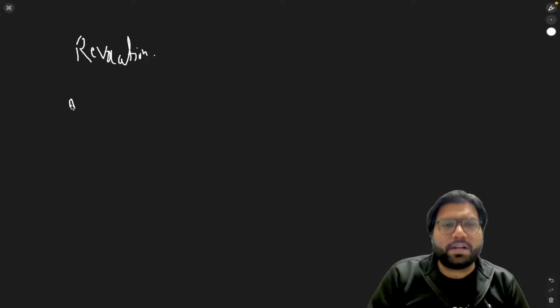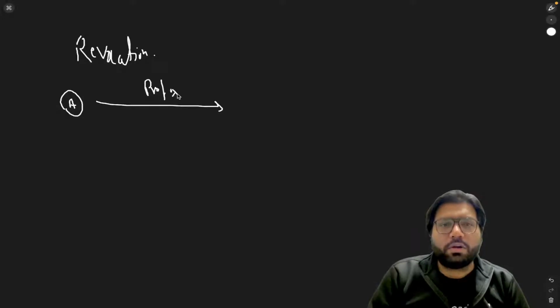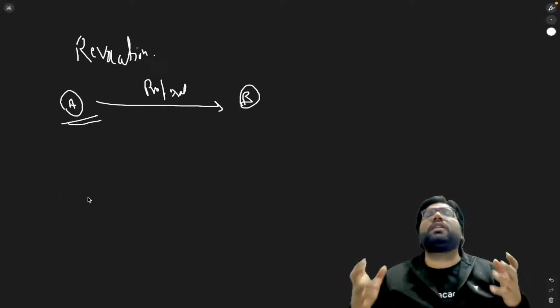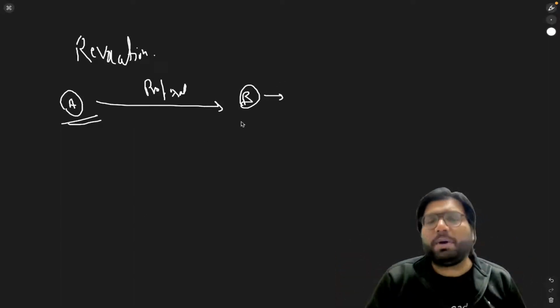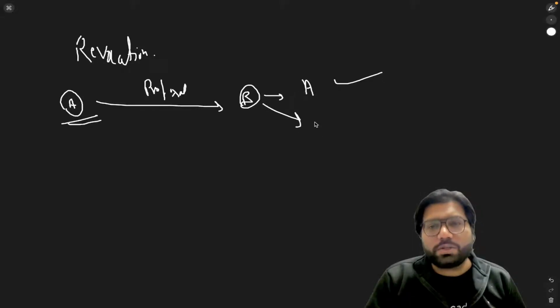Now what is revocation? What is the concept of revocation? Let's take an example. If Mr. A gives a proposal to Mr. B, and now Mr. A is waiting for the acceptance, and Mr. B is still thinking whether he wants to accept or reject this. In this scenario, what will Mr. A do?